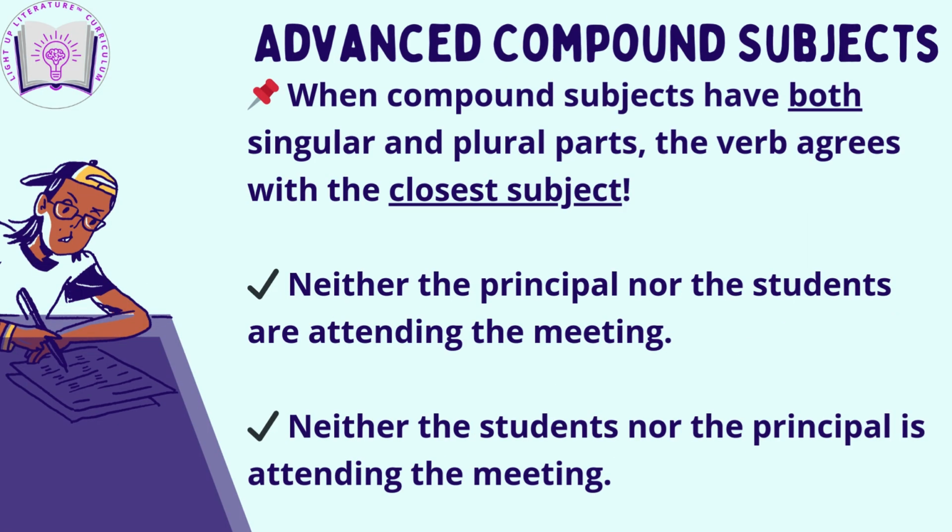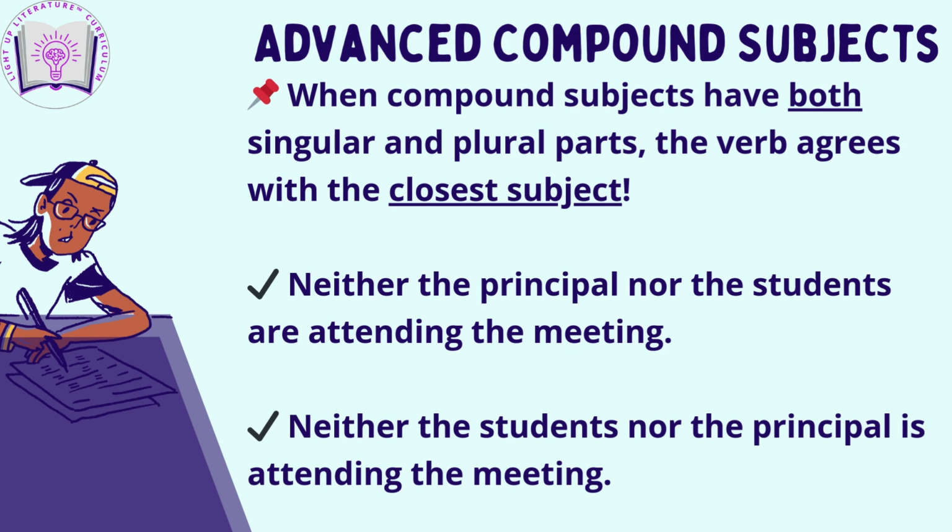All right, advanced compound subjects. When compound subjects have both a singular and a plural part, it's just like in the basic rules: the verb agrees with the closest subject. So, neither the principal nor the students are attending the meeting. Our verb is are, and our closest subject, students, is plural.